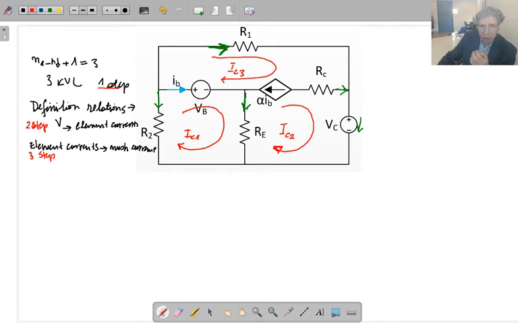So you could choose the direction as you like, no problem, because if you choose the other way around, that means you're going to find -1 multiplied equation. Mathematically it is the same equation. So let's start with writing these equations now.